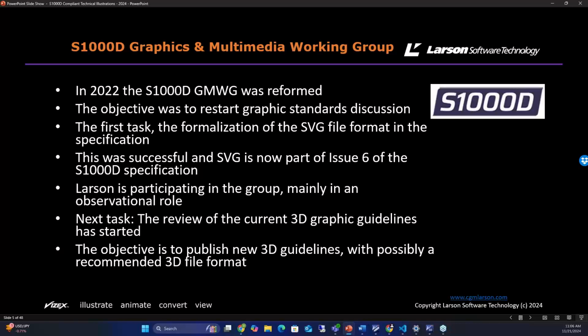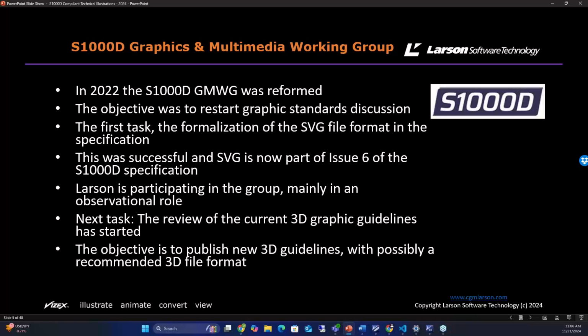So as part of the management of the spec, there is a particular working group, the Graphics and Multimedia Working Group, that was reformed in 2022. So it's been pretty stagnant until then, but since then it's been working hard.